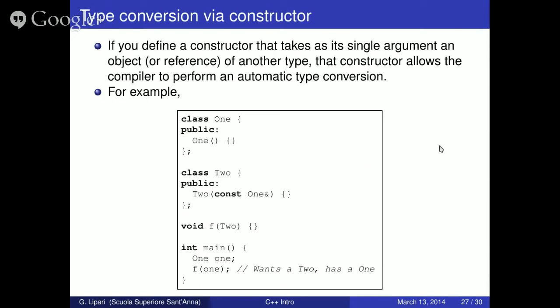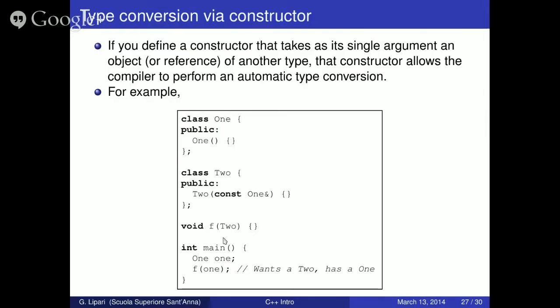And it finds this constructor and says, oh, I have a way to obtain a 2 from 1. So I'm going to do that. It builds a temporary object of type 2 by passing 1 and passes this temporary object to f. So this is how automatic conversion works.